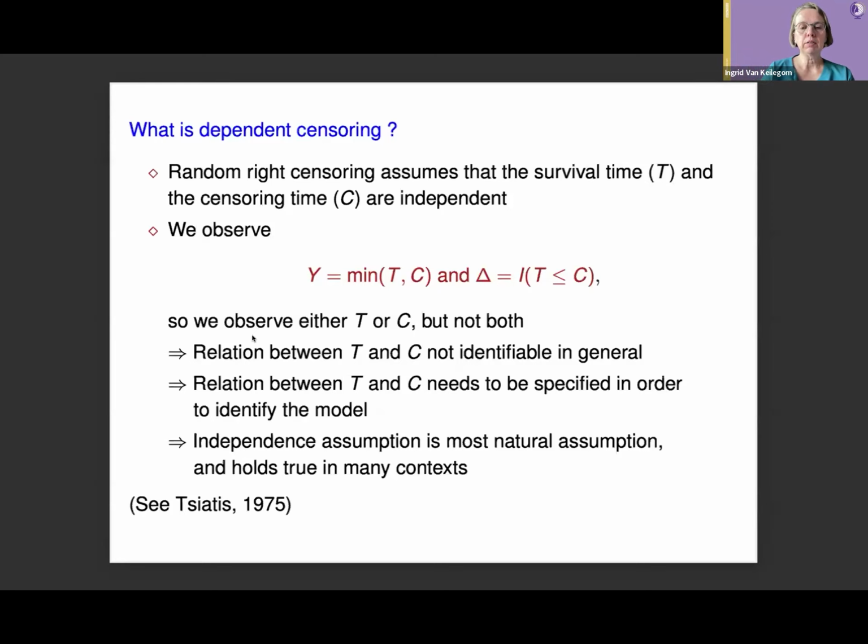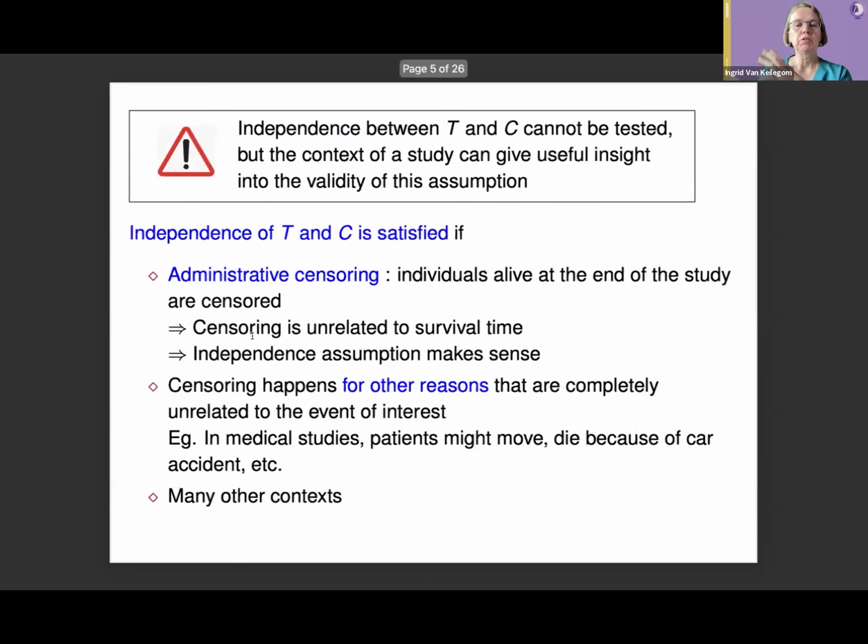And if you make that assumption, then you can estimate your distribution of T. So this goes back to very old papers like the seminal paper of Breslow in 75. Yeah? So most of the literature on survival analysis assumes independence between T and C.